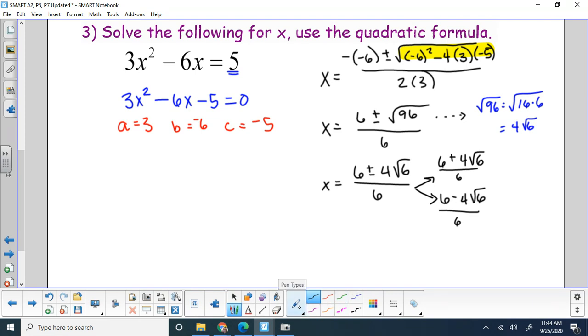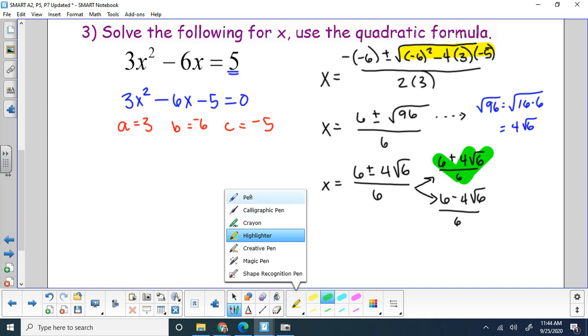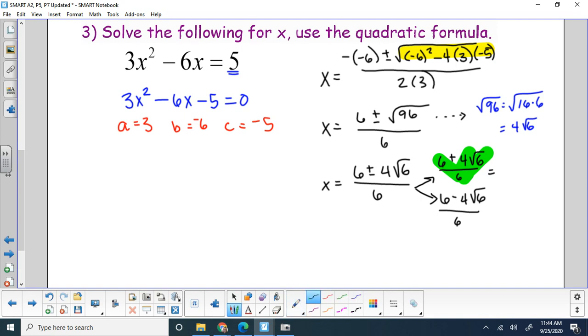Notice that I can reduce these 2 terms. When I go to reduce, I can see that both of my terms on the top need to be divided by that denominator. When I do the reducing, I get 1 plus 2 root 6 divided by 3.